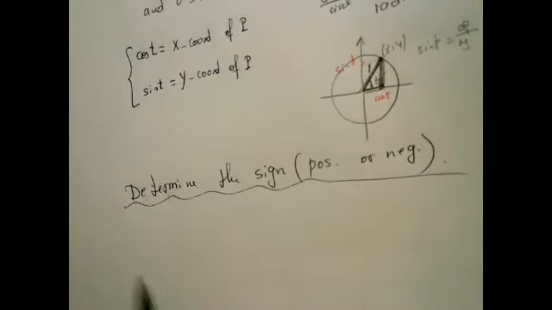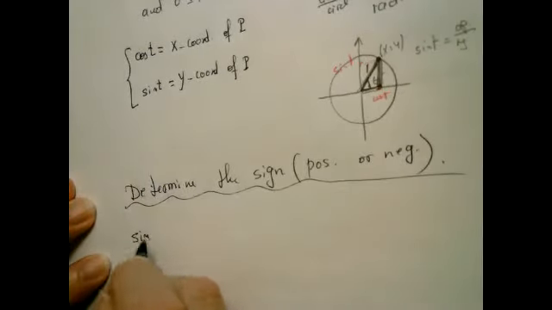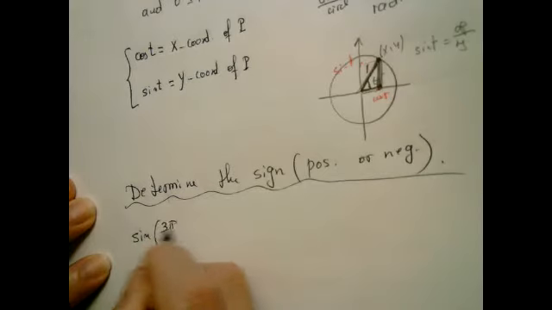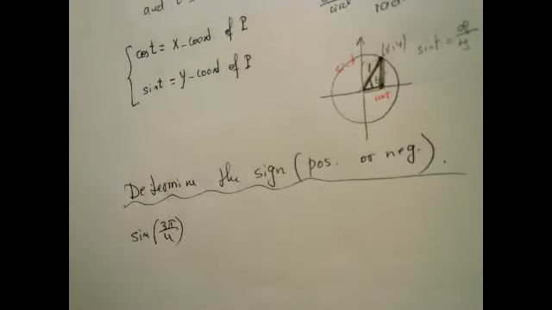Okay, so let us take a very simple one. For example, sine 3 pi over 4, positive, negative, or what? Sine 3 pi over 4. Is it positive or negative? Quickly, positive.